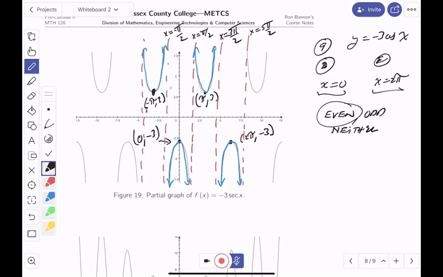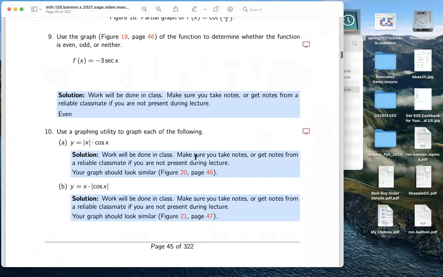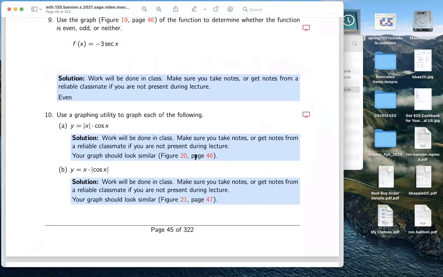I'm going to switch over to using software now. Just give me a moment. And we're going to do problem number 11 by switching screens. Okay, number 10. What does it say to do?